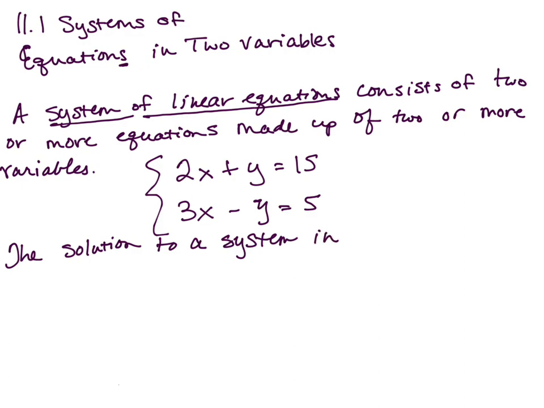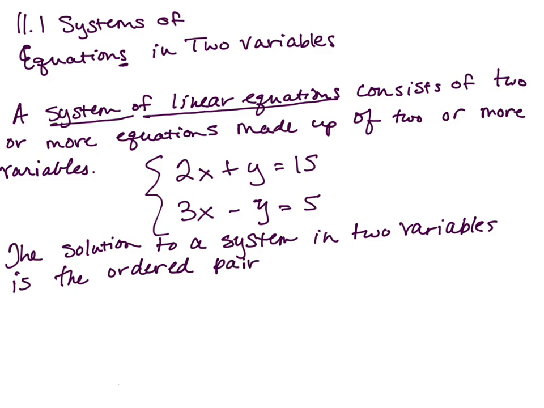So I'm just going to say the solution to a system in two variables is the ordered pair that satisfies both equations.